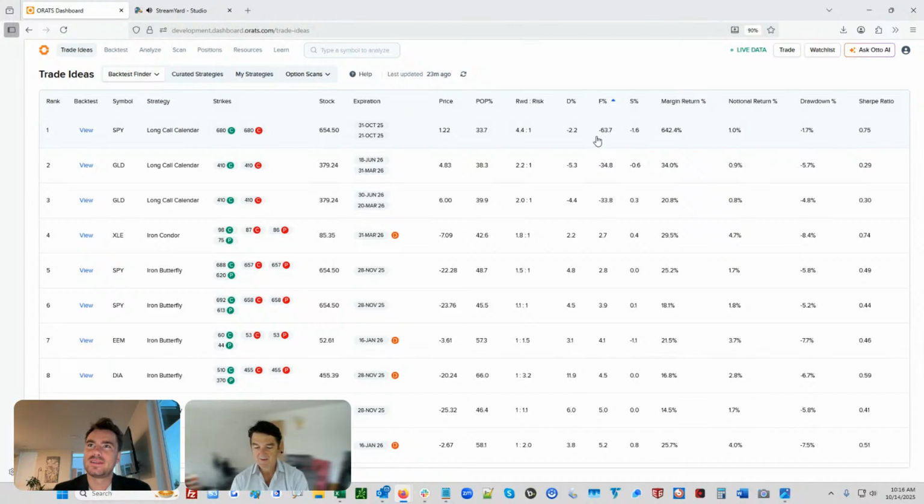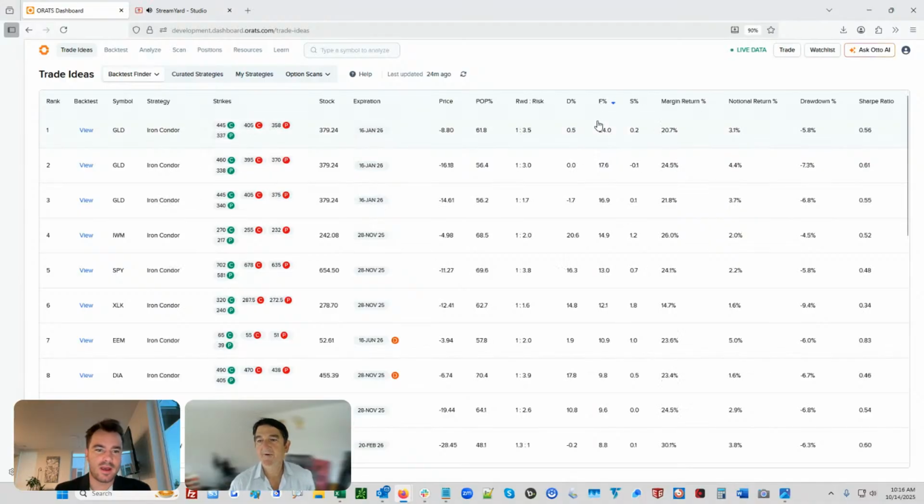Yeah, the way I like to see it is, it's really hard to find alpha in the market, and what ORATS helps you do is find alpha at every step of the way in the trading journey, right? This is the option scanning portion of the trading journey. If you've identified a strategy and a symbol that you like to trade, and even gone past that and identified the best entry and exit times, the signals to enter, even at that point there are still hundreds of trades to choose from.